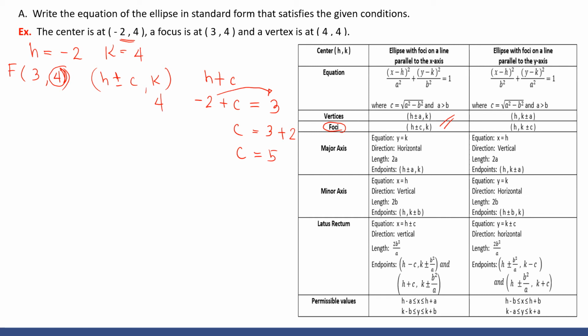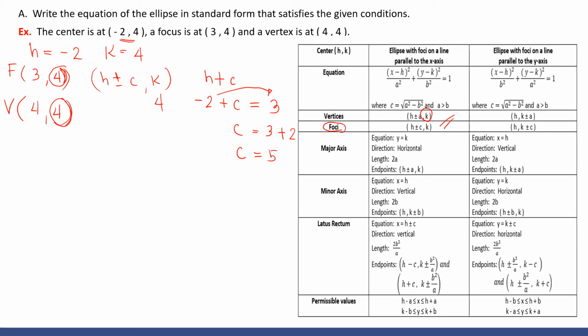Okay? Next, a vertex is at 4, 4. So one of the vertices ay 4, 4. Again, if you look at this portion, this will be your K value. Kasi if you look at the vertices, meron lang ulit tayong K value alone.